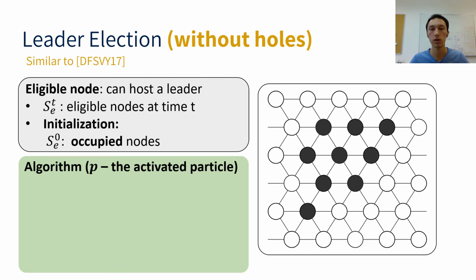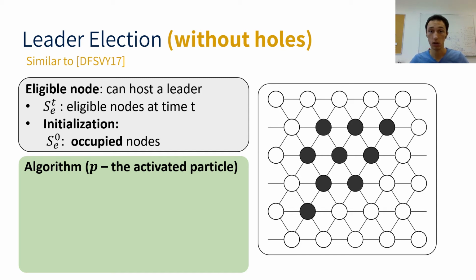Let us now define an erosion process that elects a leader in shapes without holes. This algorithm is actually very similar to that in a paper by Di Luna, Flocchini, Santoro, Viglietta, and Yamauchi from 2017. A node is said to be eligible if it can host a leader.